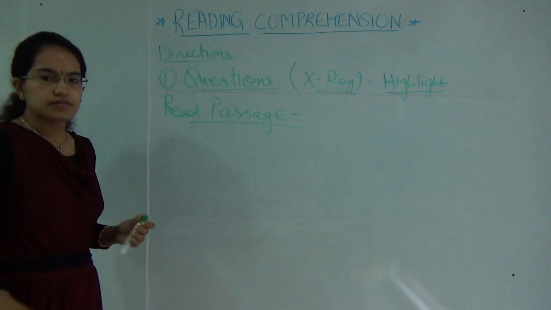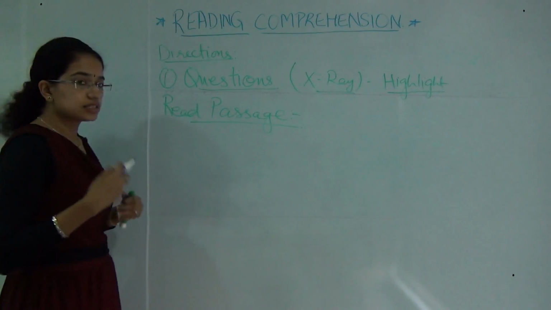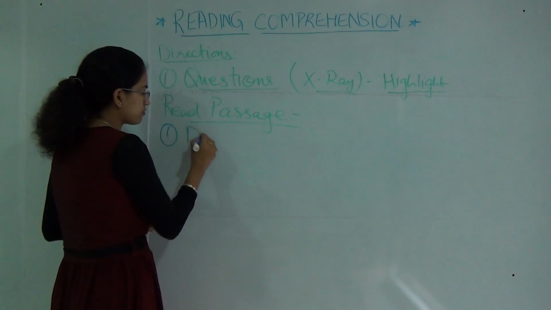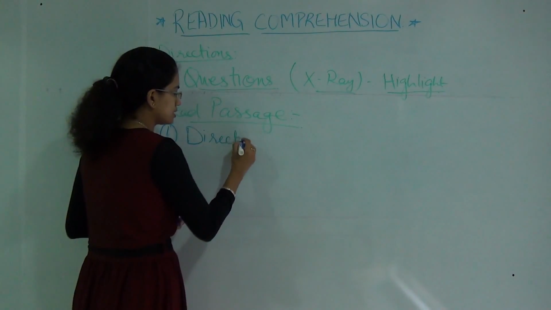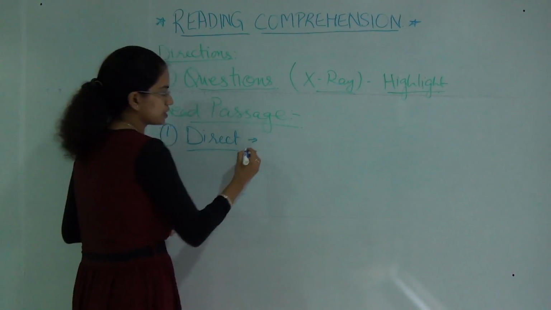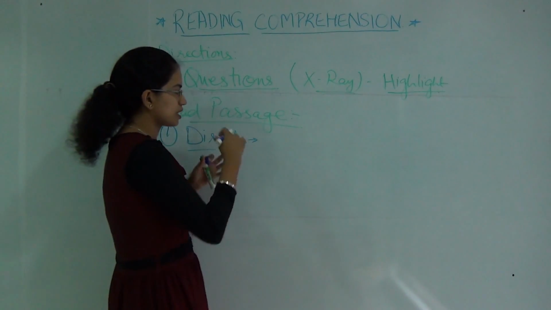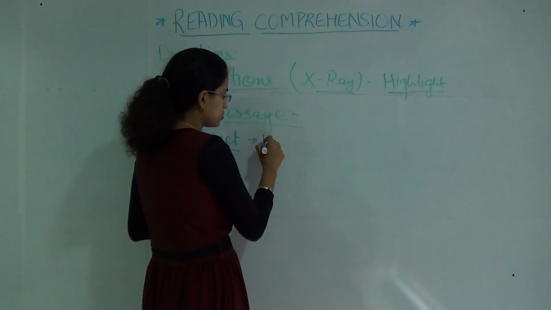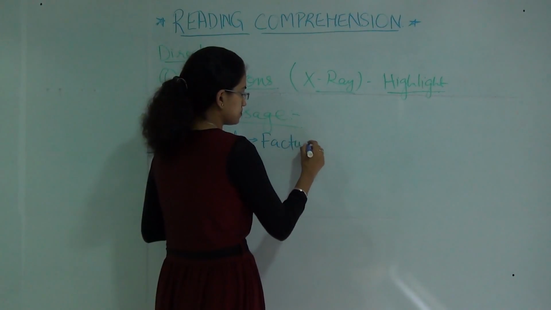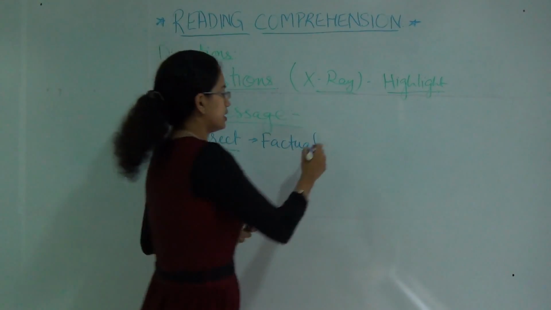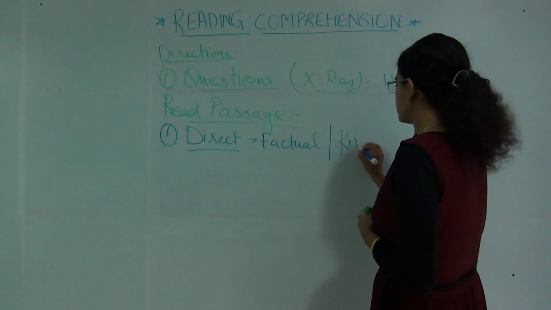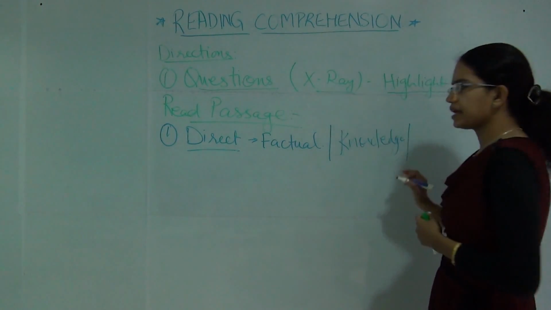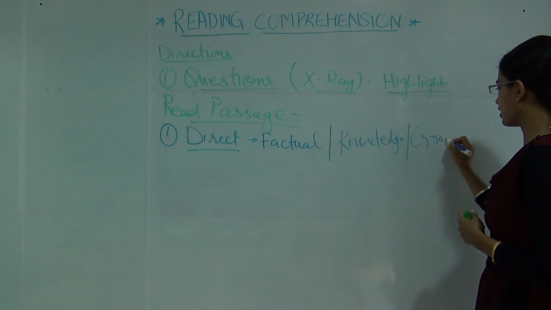There can be a set of information that is asked in the reading comprehension passage. First is a kind of direct knowledge. These direct questions focus on something directly written in the statement. It is factual information, usually based on your past knowledge. It might be aimed to judge your grammatical sense.